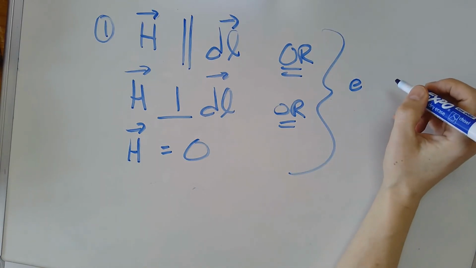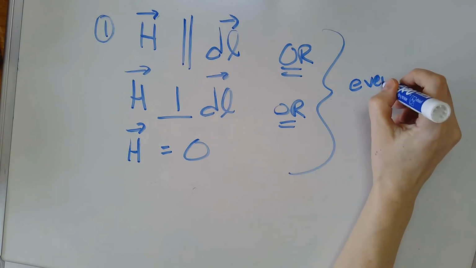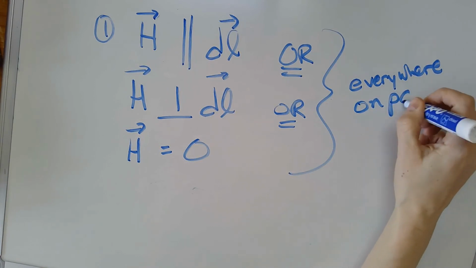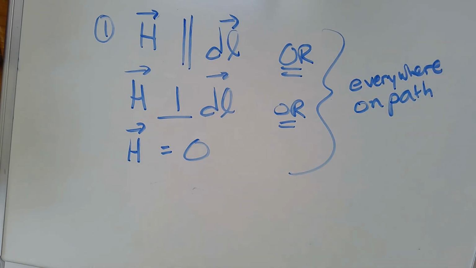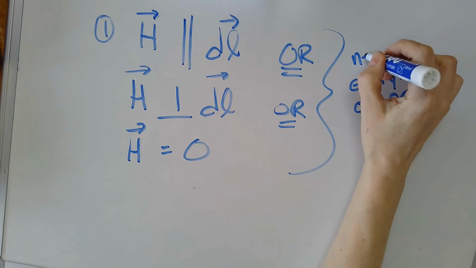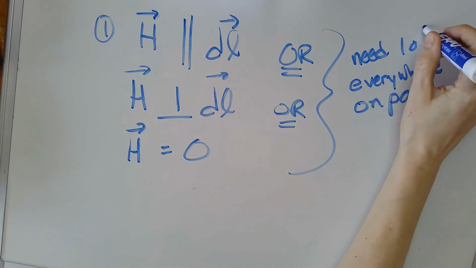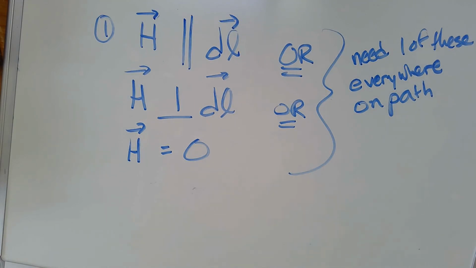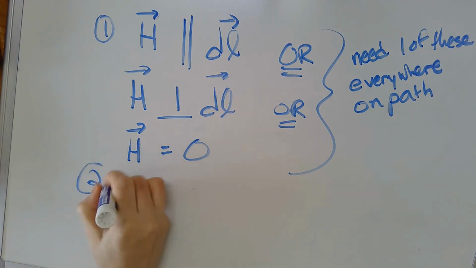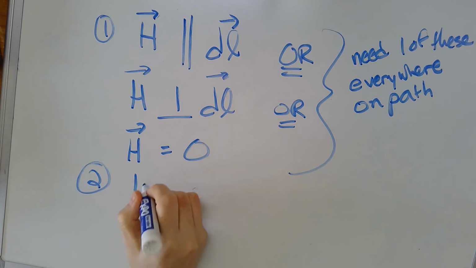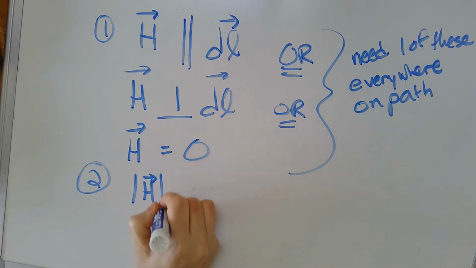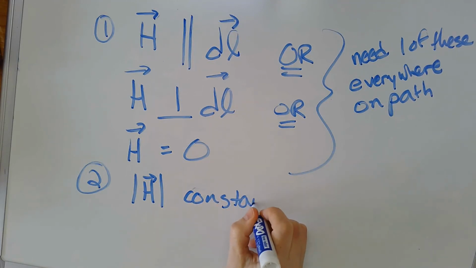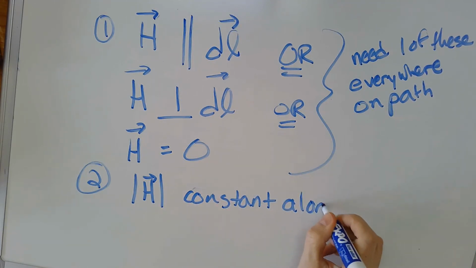One of these things must be true everywhere on the path. Requirement number 2, we need the magnitude of the magnetic field constant along the path.